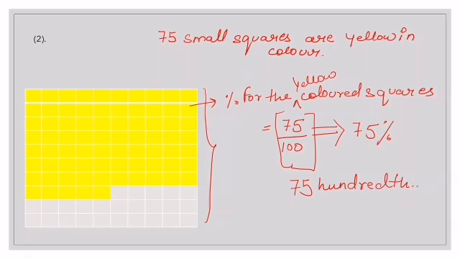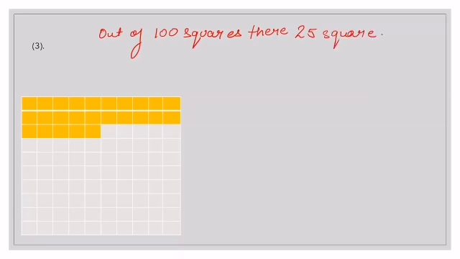Alright. Now let us see this with one more example. Example number 3. In example number 3, out of 100 squares, there are 25 squares which are yellow in color.